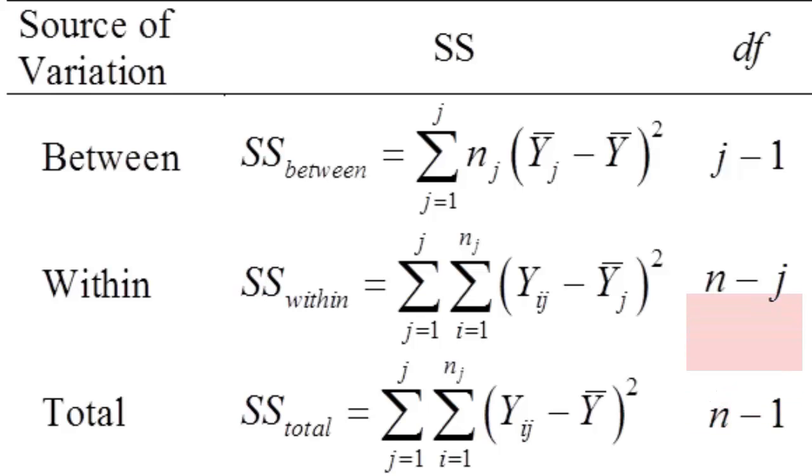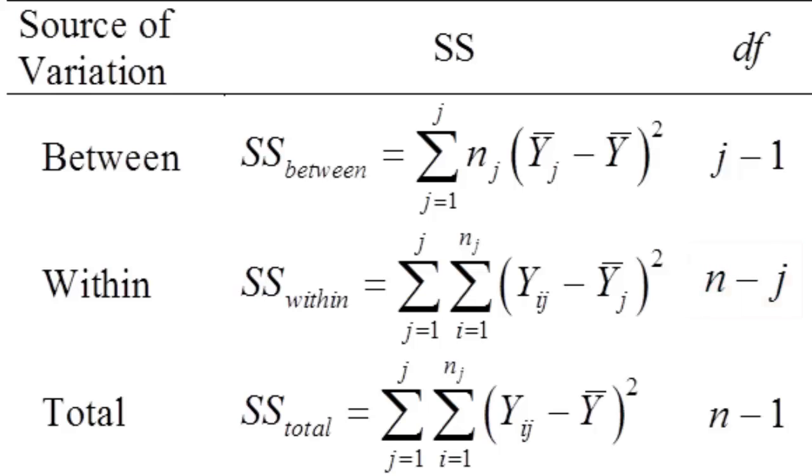Our between group sum of squares is pretty easy. However many groups we have, so if we're using this example of exam scores and labs, we have 4 labs, we have j minus 1 degrees of freedom. And then finally, we have the within group degrees of freedom, which is our number of cases minus our number of groups.